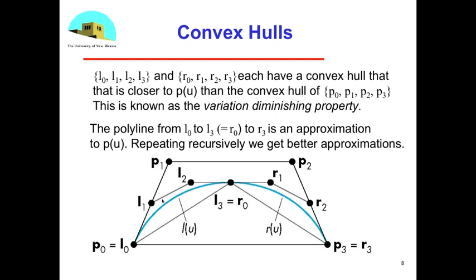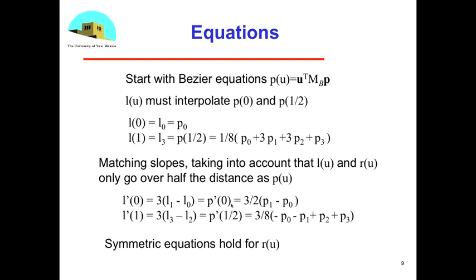So you can get these, then go through the equations and get L1, L2, and R1, R2, and finally get that middle point. Here's what these equations come out to be. This is for the left side. You can also get the right side.